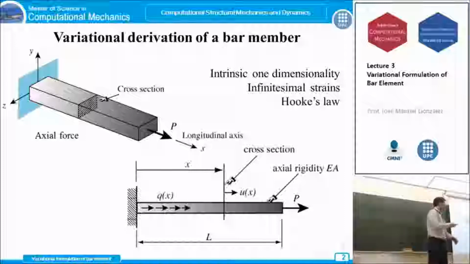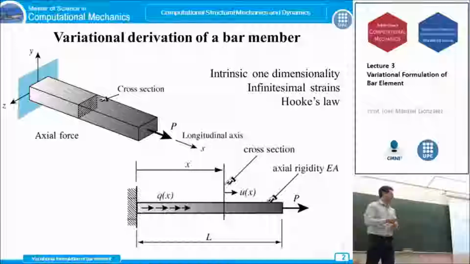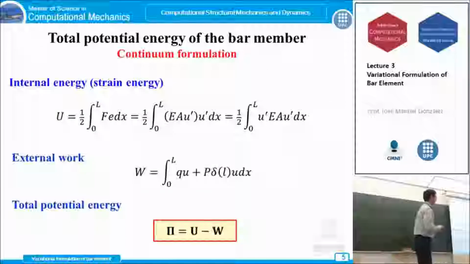L is the length of our bar element. So our one-dimensional problem behaves only in this x direction, and everything will be expressed in terms of this x dependence. We want to solve this problem using this variational formulation.